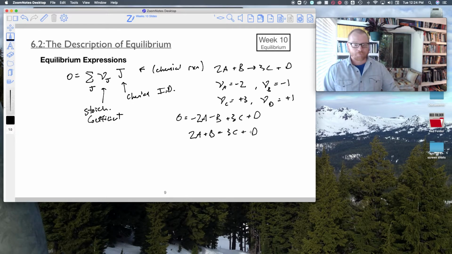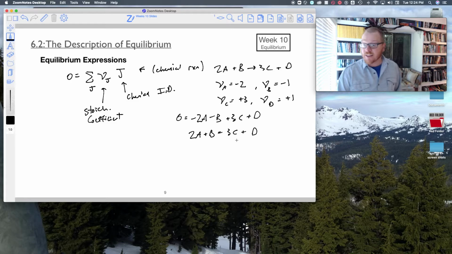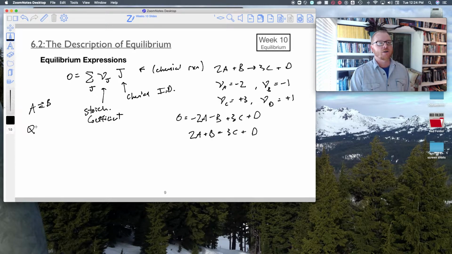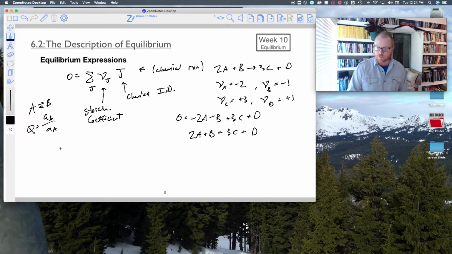Fantastic. Now, based on what we just developed, we see that the reaction quotient Q, in that simple equilibrium expression, we established that Q should be the activity of B over the activity of A. So I can use that to establish a mathematical description of an equilibrium expression, which goes as the following.